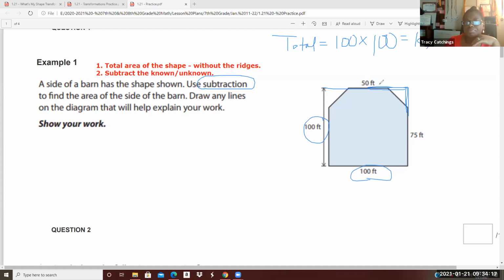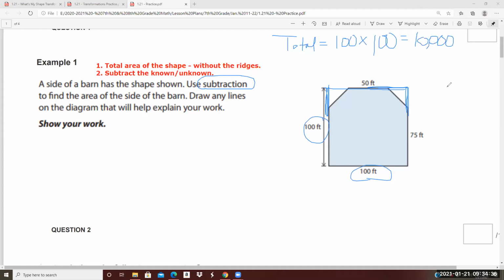Now, I didn't draw a great picture. So now let's look at what we have left in this diagram. What is not shaded? What kind of shapes? Triangle. Let's see if we can find the dimensions of the triangle.